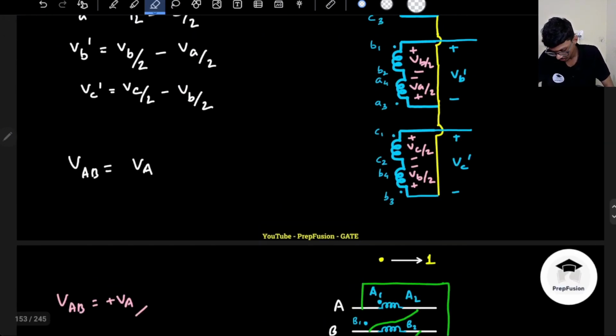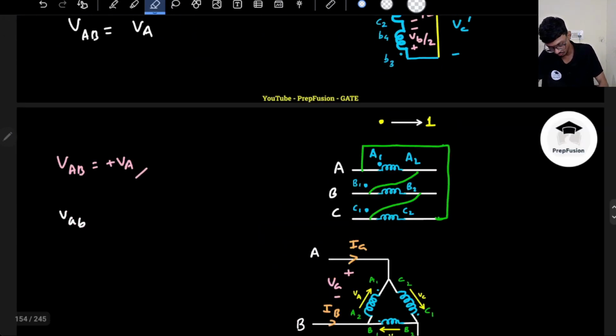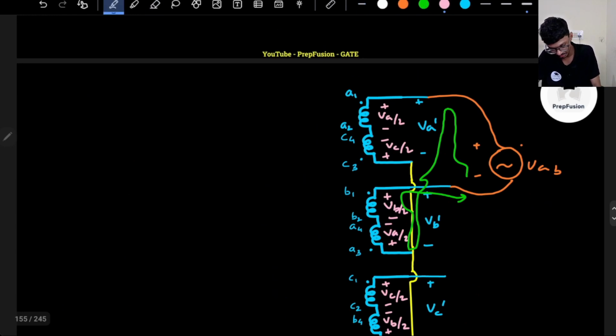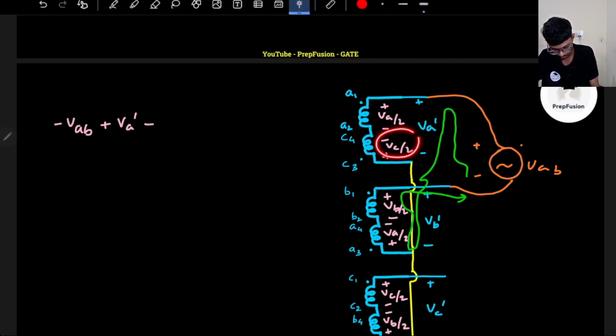Okay, so this is my capital VAB. Small VAB will be what? So for small VAB, I will apply the simple KVL, so it will be minus VAB minus small VAB, then plus VA dash minus of VC by 2.